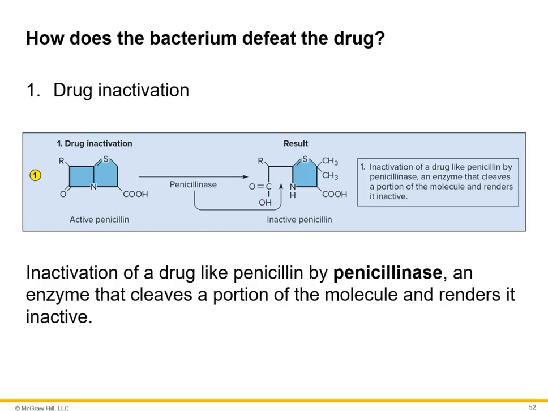Now, go back and recall how penicillin works. Remember that the cell wall is going to be made out of these long sugar chains that are cross-linked with little protein fragments. And there are these enzymes that do that cross-linking.